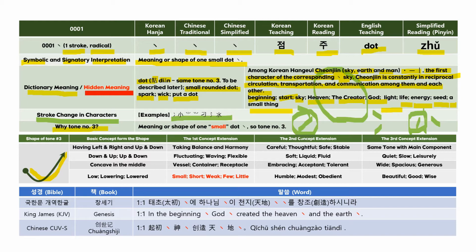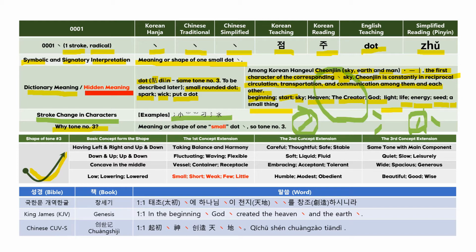I have said in a separate lecture why each specific character has its own specific tone number value. I have described the conceptual notions each character has. So, for example, each character has one or two or more values of concepts here in this box.